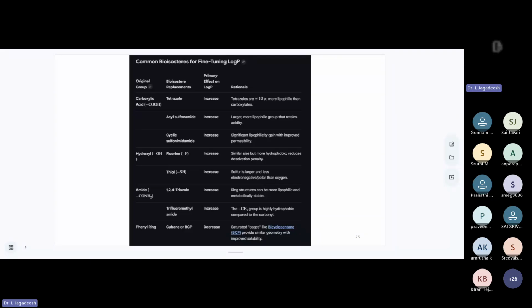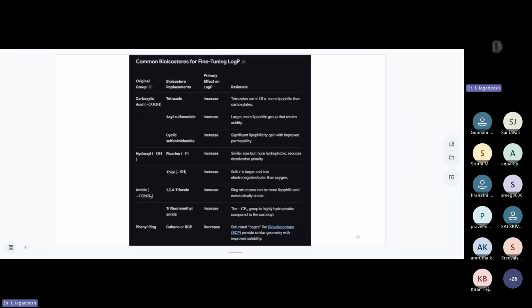That is going to help with the molecule which is having an impact on the log P values. So for the bioisosteres in this particular case, say for example, if the original group is carboxylic acid, that is COOH, and you are replacing it with tetrazole, then it increases the log P value.